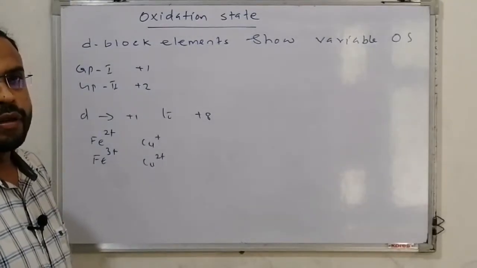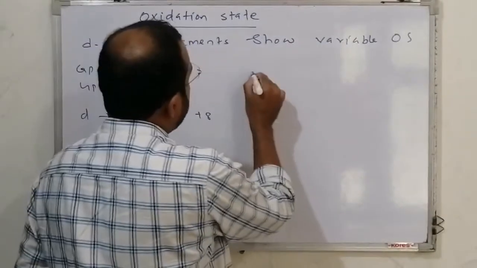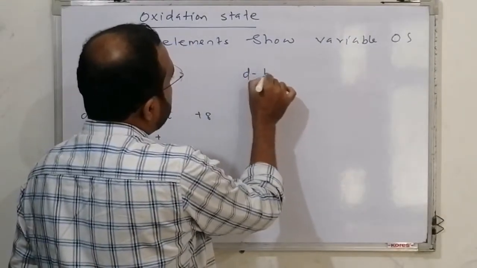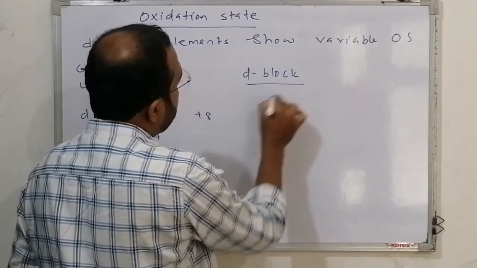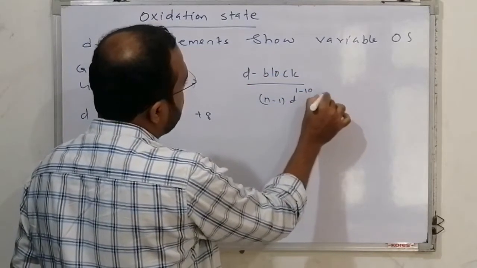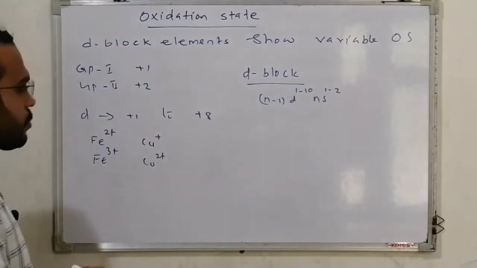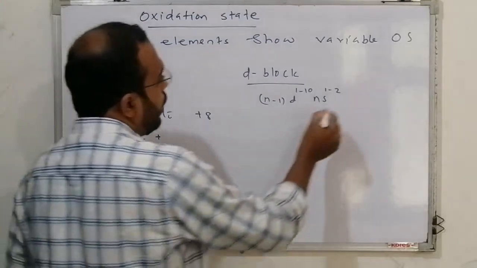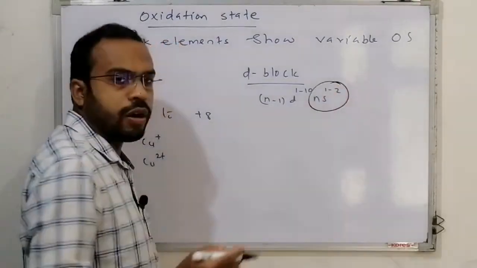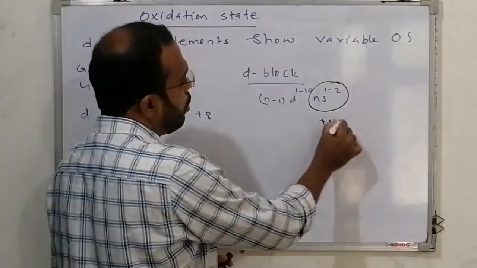Therefore, why are they showing this? It is because the general electronic configuration of the d-block is (n-1)d1 to 10 ns1 to 2. If only the ns electrons were involved, the oxidation state may be +1 or +2.